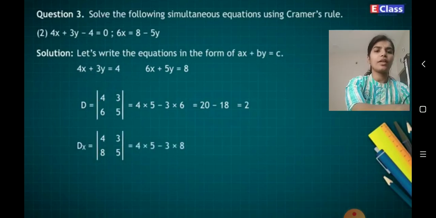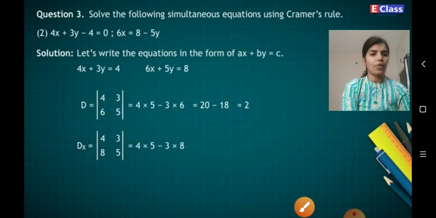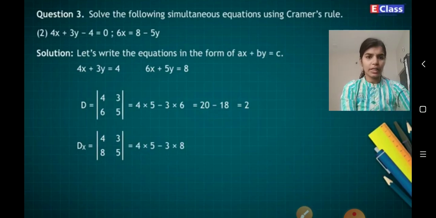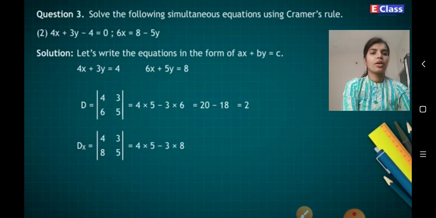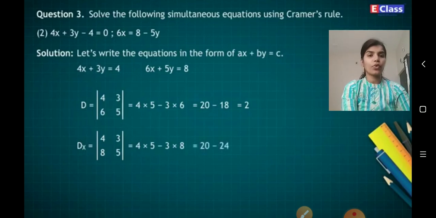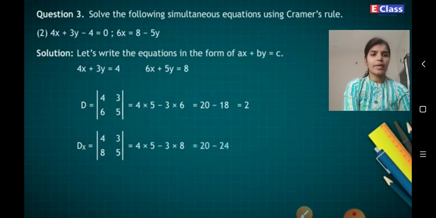Then we solve the determinant: 4 into 5 and 3 into 8. 4 fives are 20, 20 minus 24. So your solution is minus 4, because the bigger number has the minus sign. So the answer is minus 4.